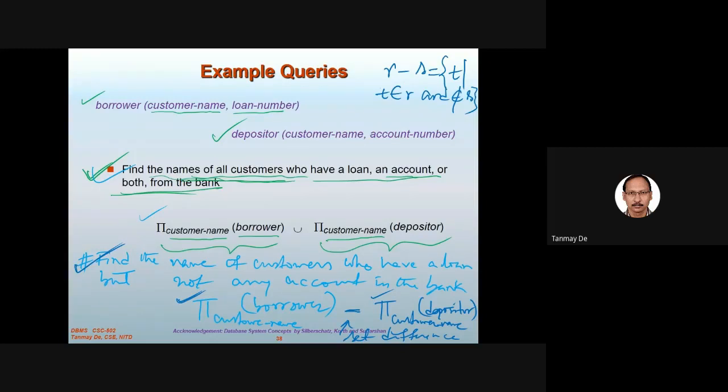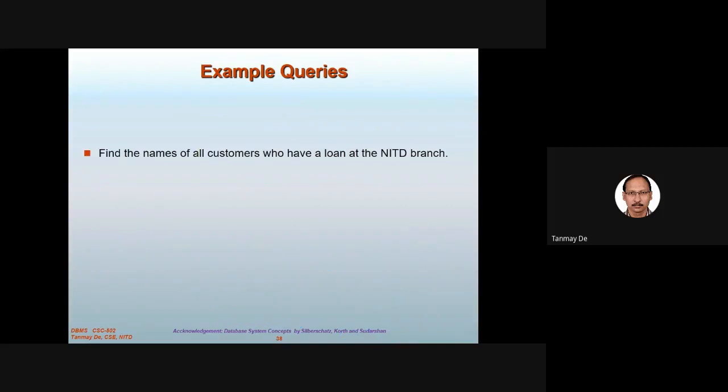Do you have any query or any question? Now the next query is: find the name of all customers who have a loan at the NIT Durgapur branch. Please read carefully.